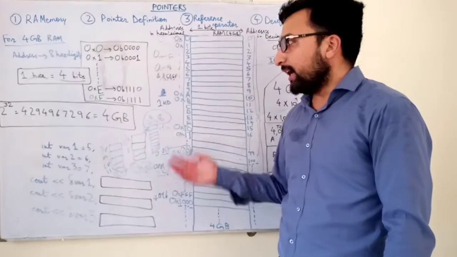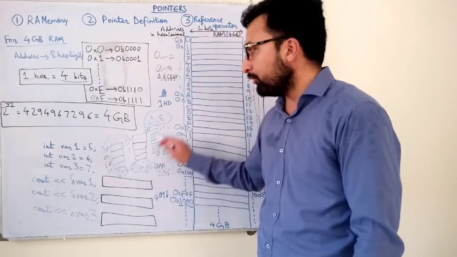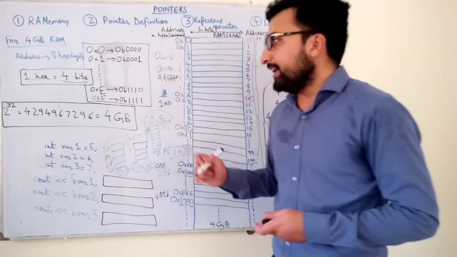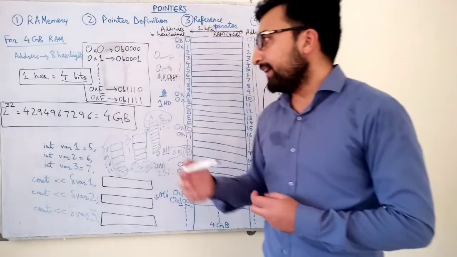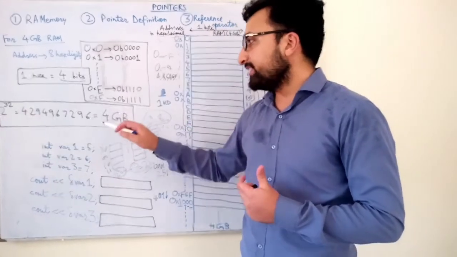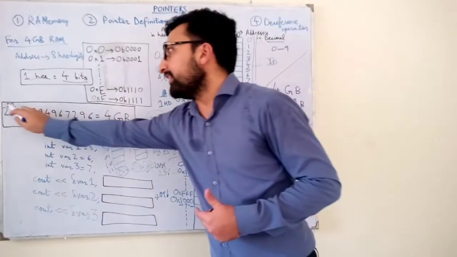And if we move up and we want to access, our RAM is not 2 bytes long, not 4 bytes long, not 8 bytes long, it is 4 gigabytes long. And if we see what corresponds to 2 raised to the power of what, to access the 4 GB RAM, it comes out to be 32.